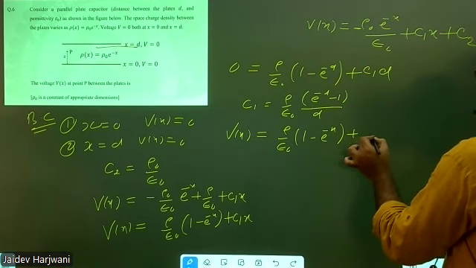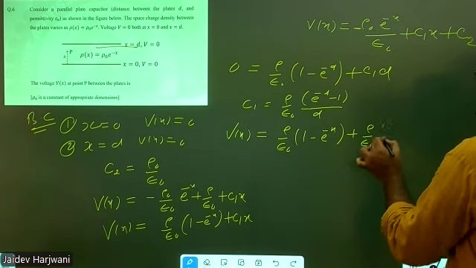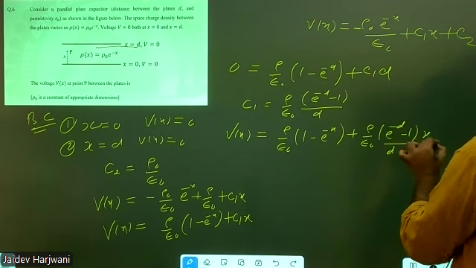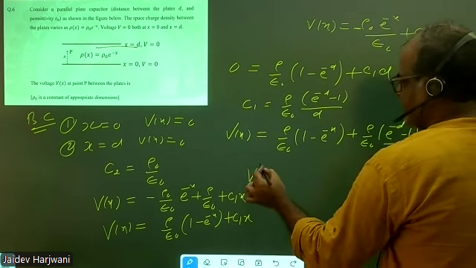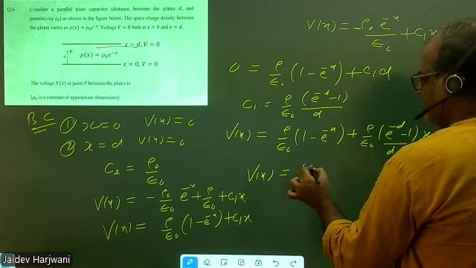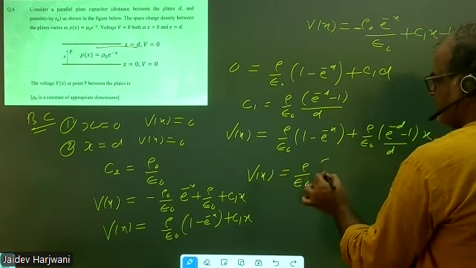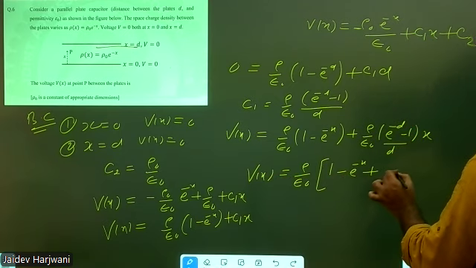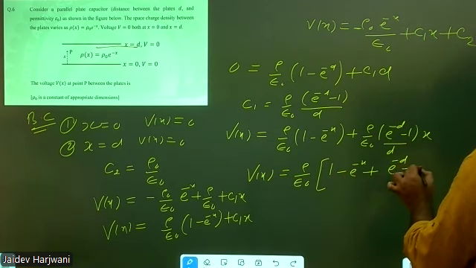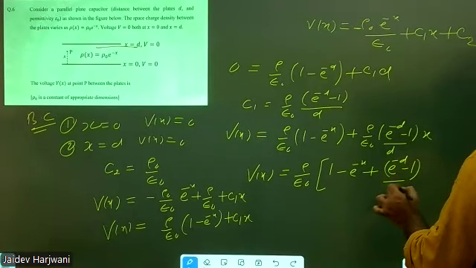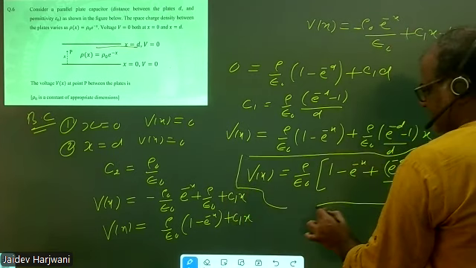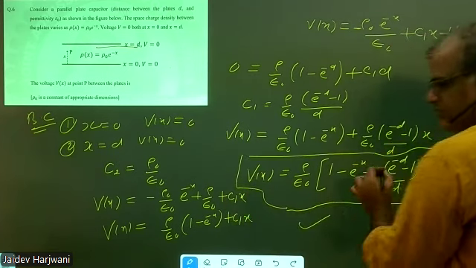So C1 is rho upon epsilon naught times e power minus d minus 1 upon d, multiplied by x. So the final expression for potential will become rho upon epsilon naught times 1 minus e power minus x plus e power minus d x upon d, and this is given as option A, and option A is the correct answer for this question.